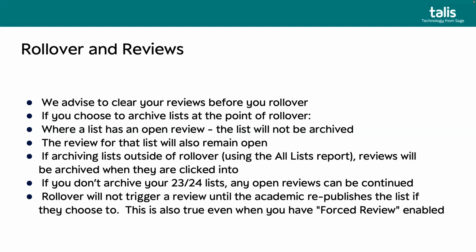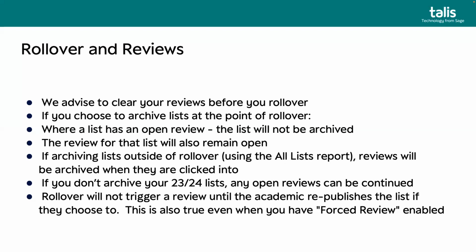So essentially, the advice is, for any lists that you want to have archived, ideally you're not going to have reviews open on them. If you don't archive at rollover, if you keep all of your old lists, any open reviews can be continued.